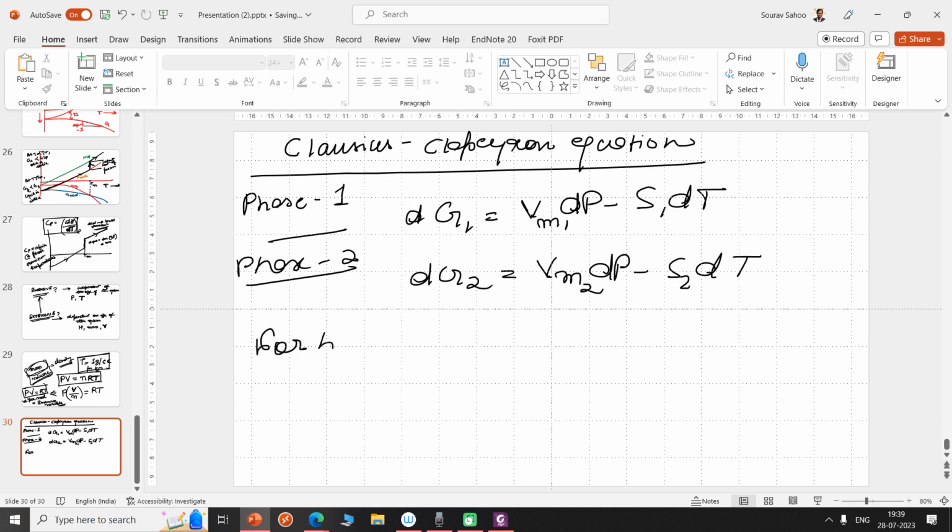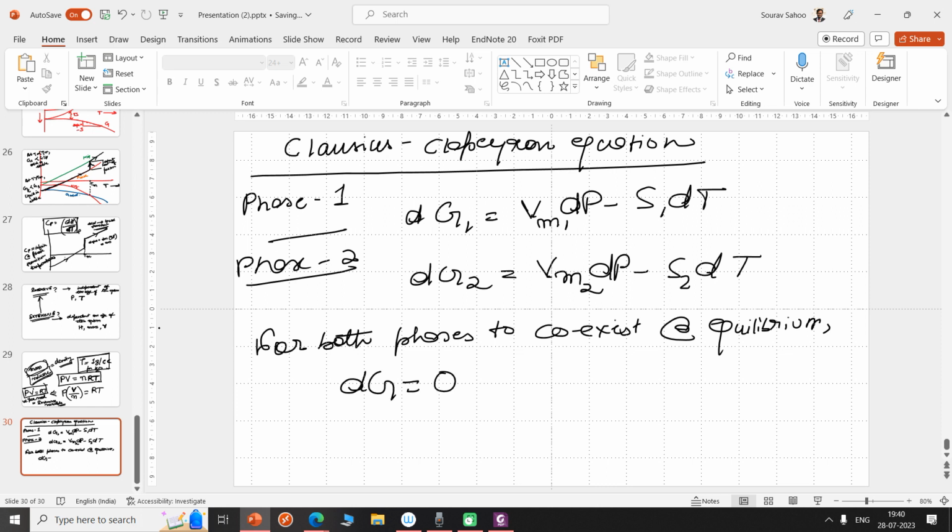For both phases to coexist at equilibrium, my dG should be equal to 0. That means the net reaction should not proceed in the left or right direction. My system should be in equilibrium. So dG1 is equal to dG2, right?